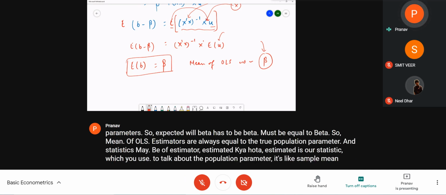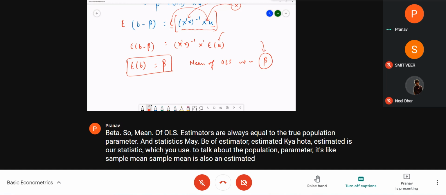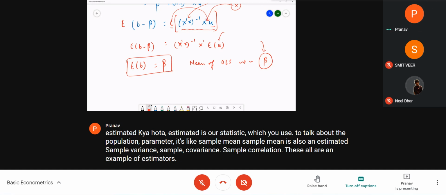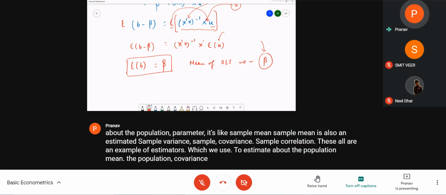Sample mean is also an estimator. Sample variance, sample covariance, sample correlation. These all are examples of estimators which we use to estimate the population mean, the population covariance, the population variance, and so on and so forth.